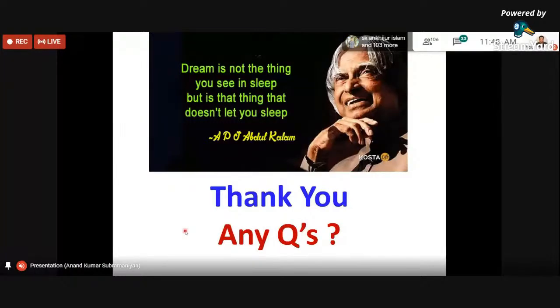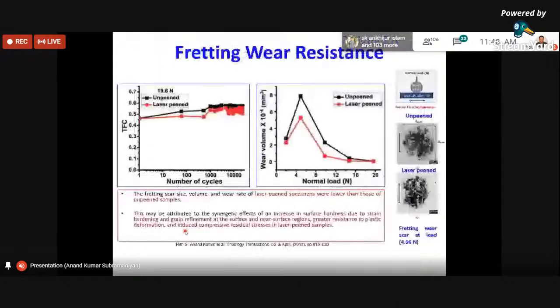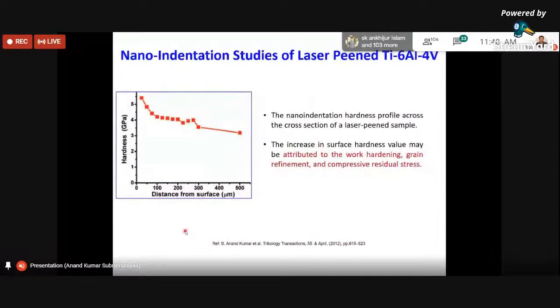For example, in this particular case, by doing hardness measurement up to a value of 300 microns, you tend to see an increase in hardness. That is because of the change in the grain size, after which it is by and large the same as your parent material's microstructure or hardness value.